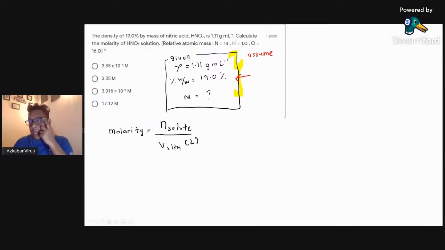Percentage by mass is equal to mass of solute over mass of solution times 100.